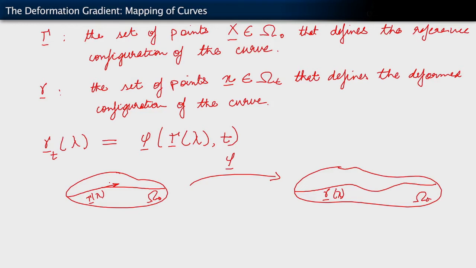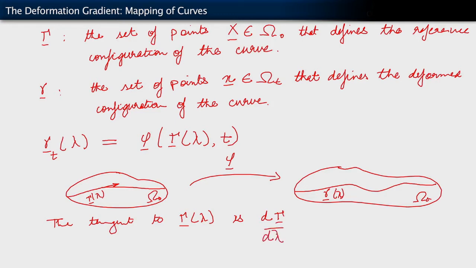The key to doing that is to observe that the tangent is generated as we vary lambda, because as we vary lambda, we march along the curve capital Gamma. What this should tell us very clearly is that the tangent to capital Gamma, parameterized by lambda, is simply the derivative of capital Gamma with respect to lambda.